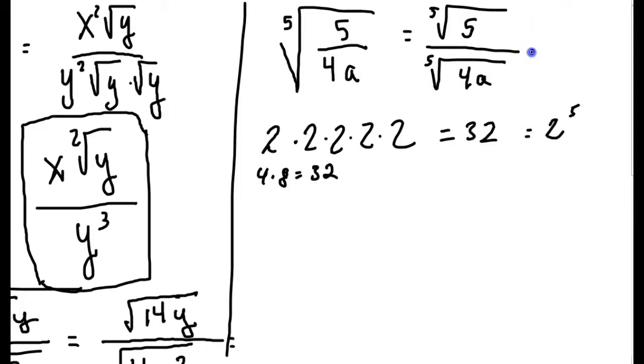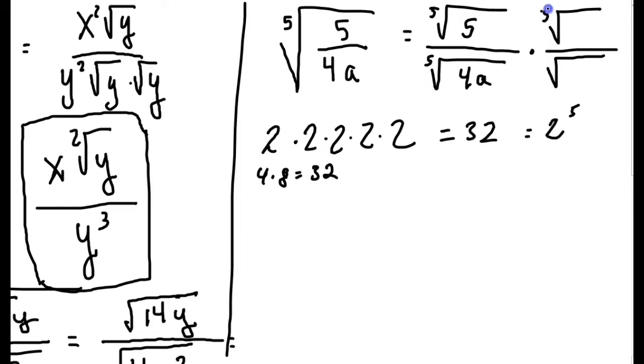So what I want everybody to do is, let's look at this. Remember, we have to put it under the radical sign. So now we want to multiply the numerator and the denominator by another fifth root.